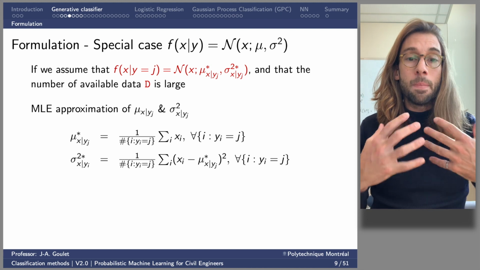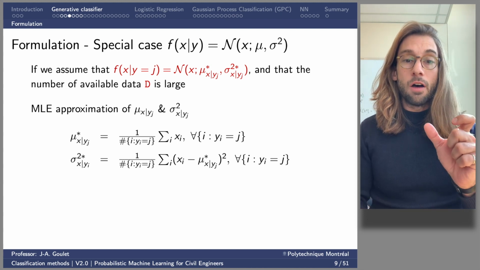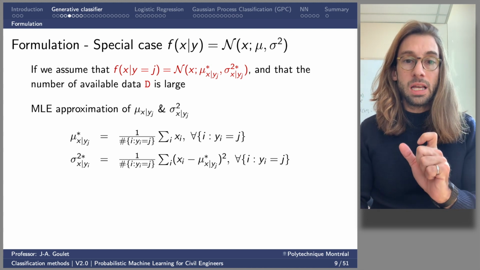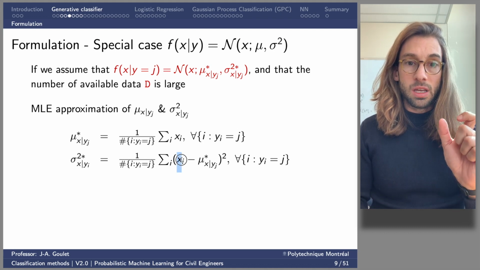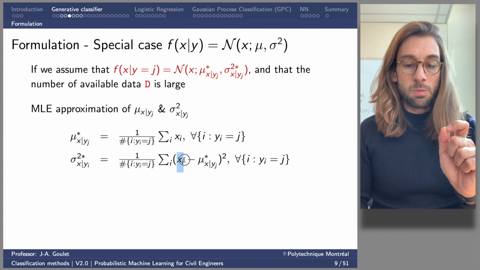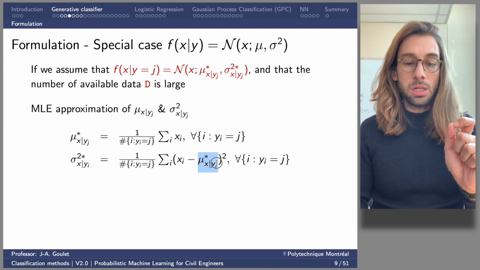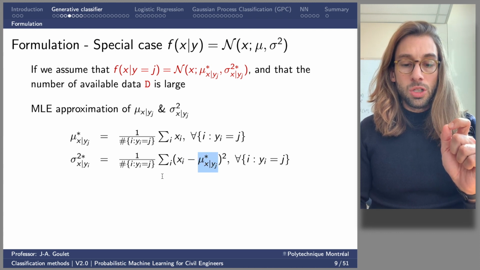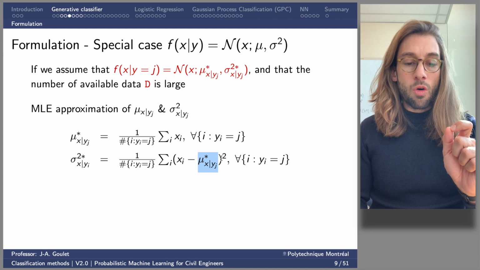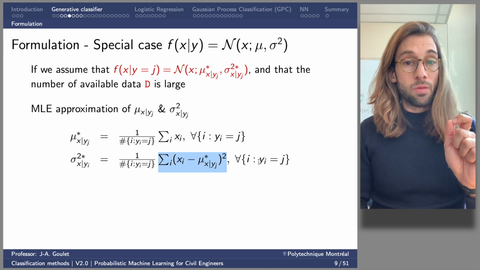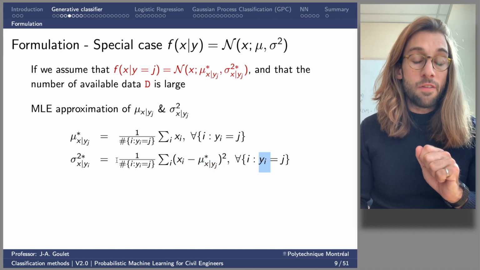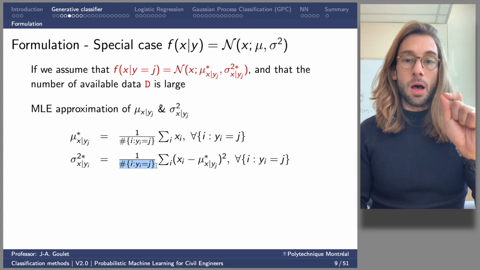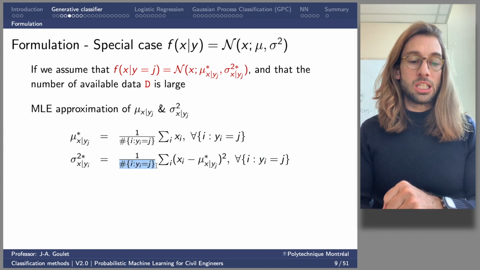We calculate the empirical variance of the covariate associated with a specific class by taking the covariate value for that specific observation minus the expected value calculated previously, and squaring it. We take the sum over all my observations i for which my observed class equals j, and divide by the number of instances of observed values for that specific class.